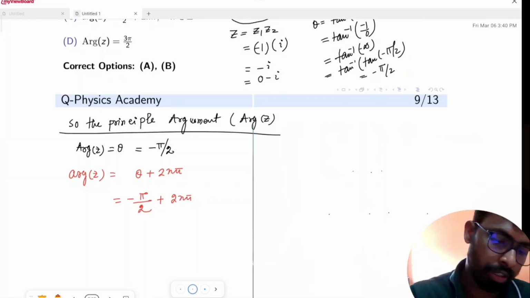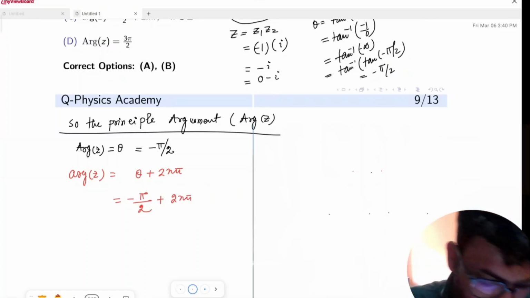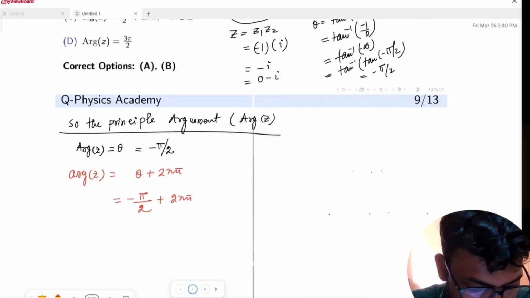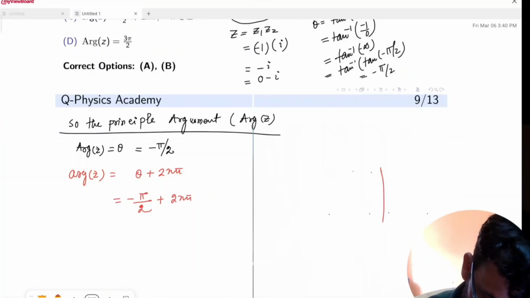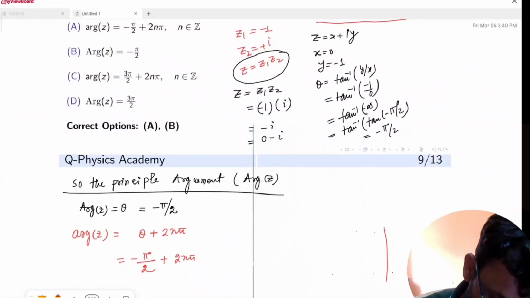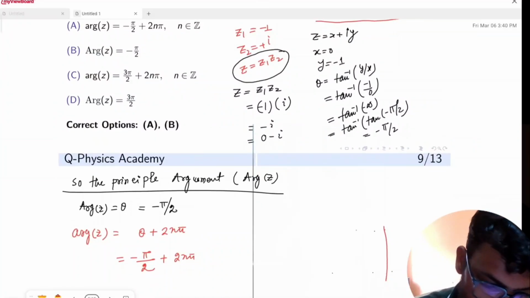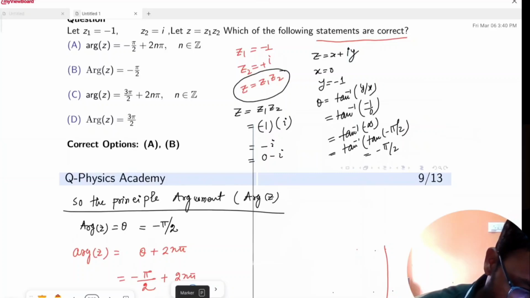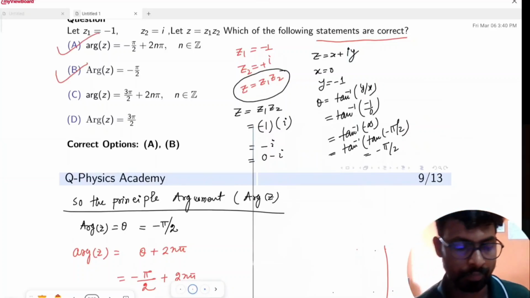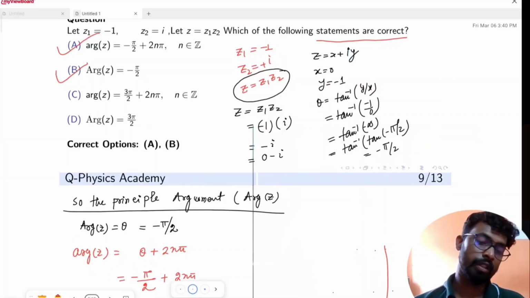This is your answer, and n must be 0, plus or minus 1, and so on. I know this is a very easy question, but it is a basic one. So for the argument of z, options A and B are the correct answers here.